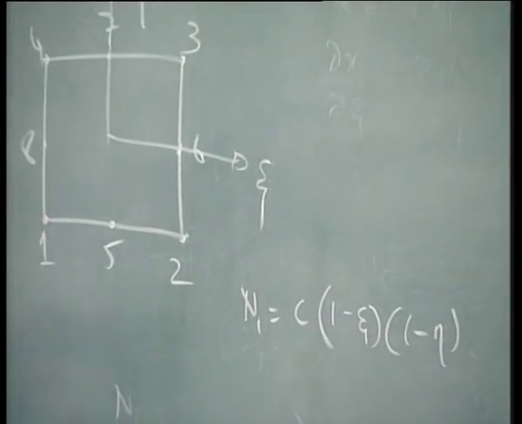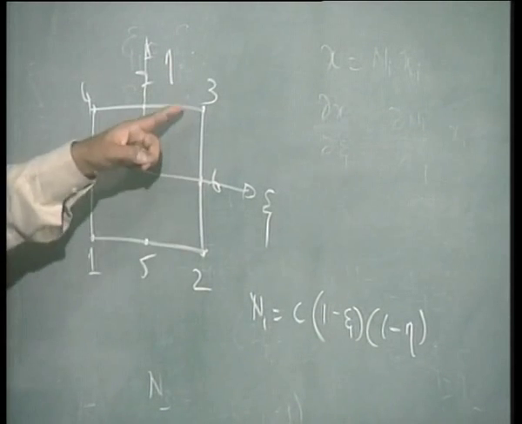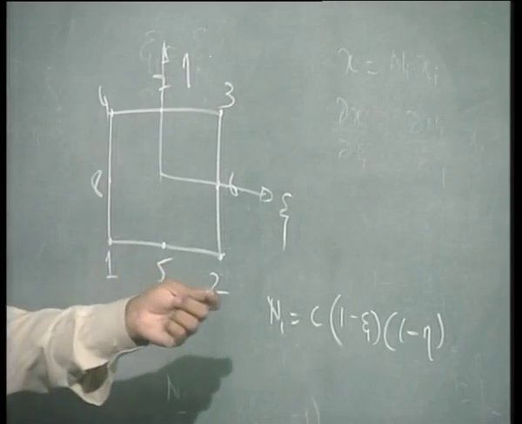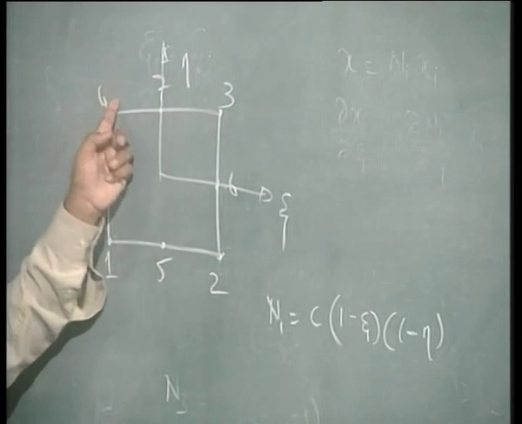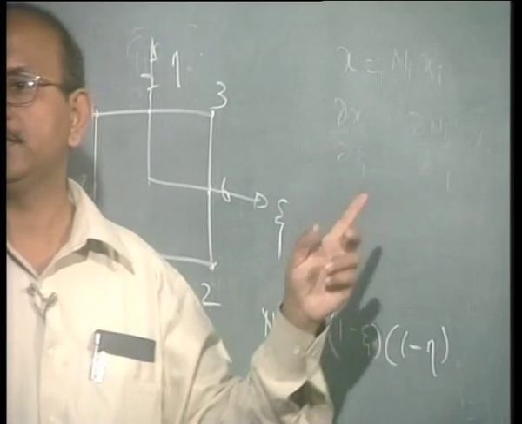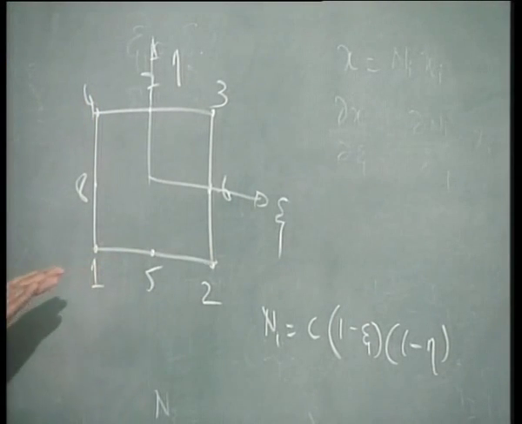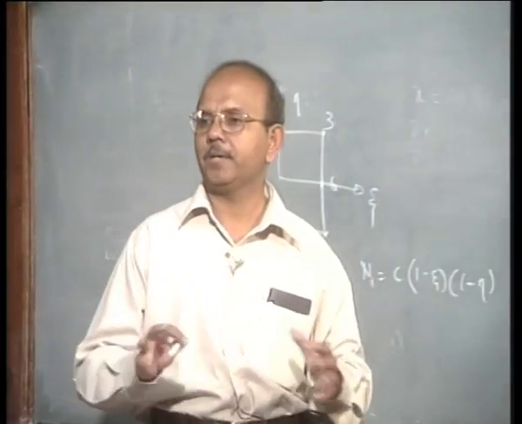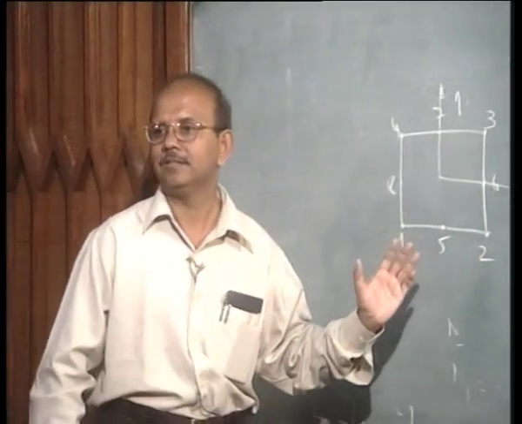Since this node does not lie on these 2 lines, when I substitute psis and etas for the other nodes, since they involve the equation of the line on which they sit, obviously it would go to 0. Did I say that? I hope all of you understood it.